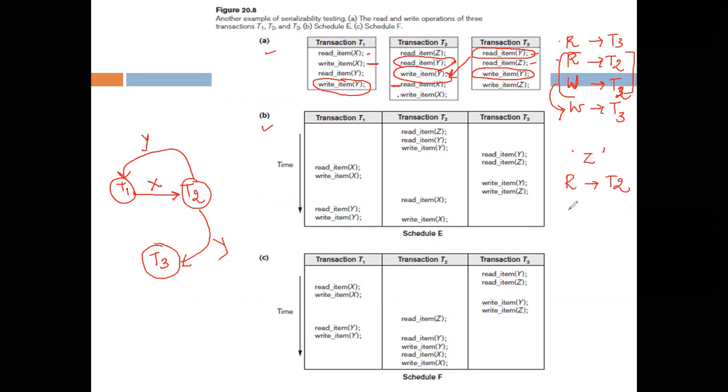Then it is again read in T3 and again write in T3, but these two are in the same transaction. So read followed by a write. Which is the first operation happening? That is T2. And hence there should be an edge from T2 to T3.